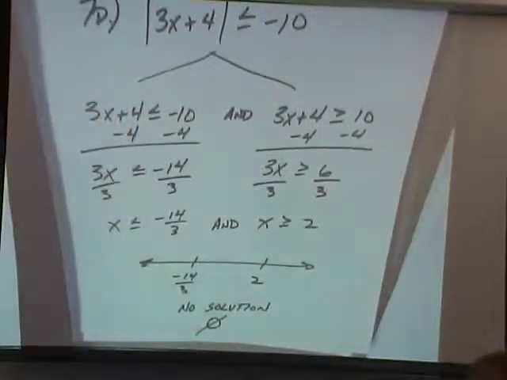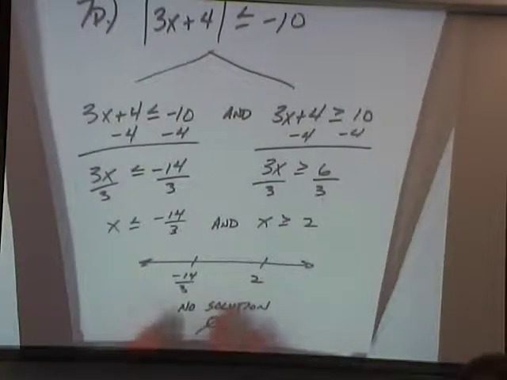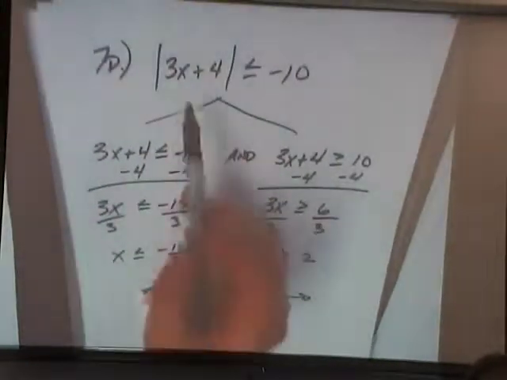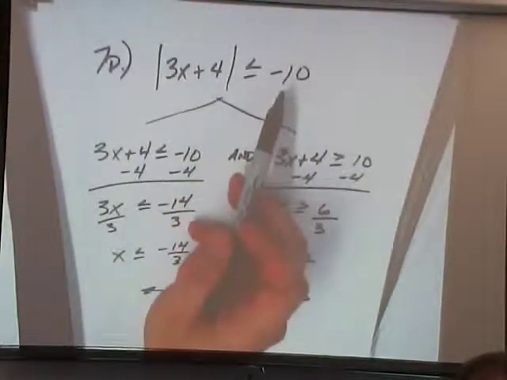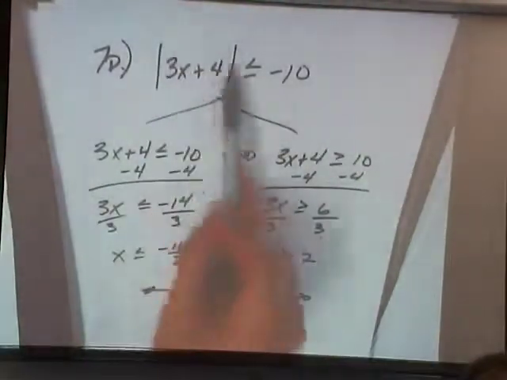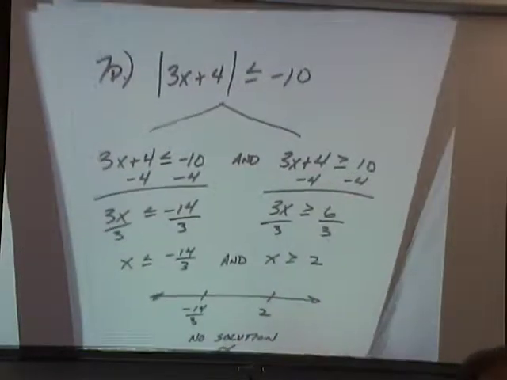It's the set of numbers with nothing in it, called an empty set. Questions on number 7? And you probably could have figured this out if you just looked at the question a little bit. When is the absolute value less than negative 10? Because this is always going to be a positive number, right? No solution. Okay, can you stop it?